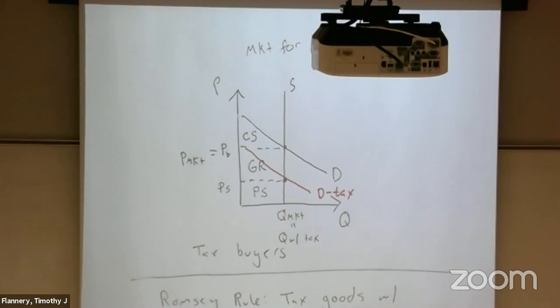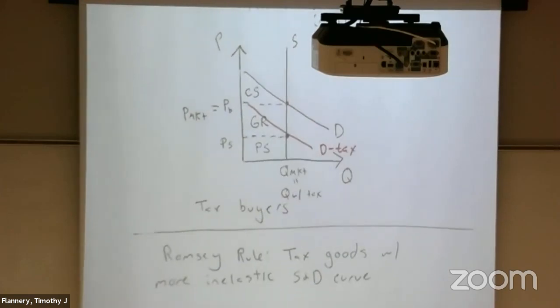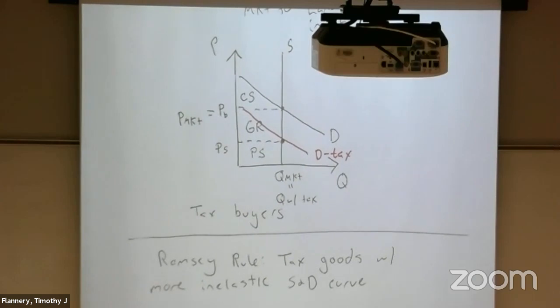to tax goods that have more inelastic supply and demand curves. So in this case, we have one that's infinitely inelastic. So Ramsey would love this market. This would be a great market to tax. And in fact, a lot of older economics textbooks talk about taxing land for this reason.